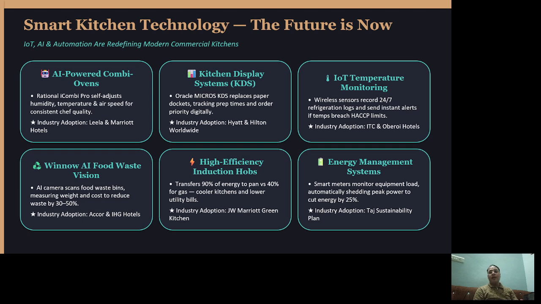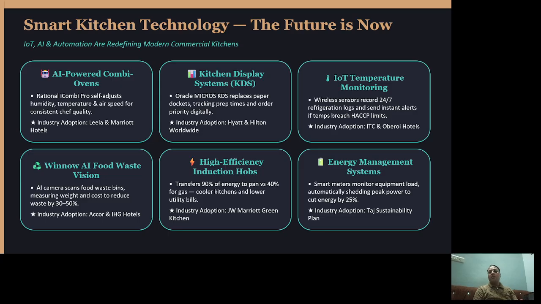Then we have high efficiency induction hobs, which transfer 90% of energy to the pan versus 40% for gas. Cooler kitchens and lower utility bills. So it is a very good technique which is followed by various kitchens today. Then we have energy management system, that is EMS.